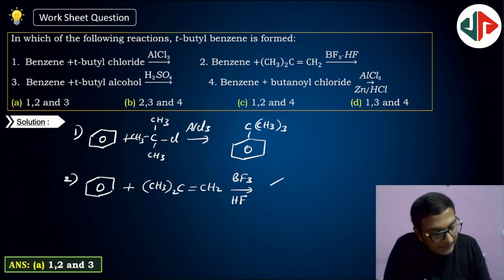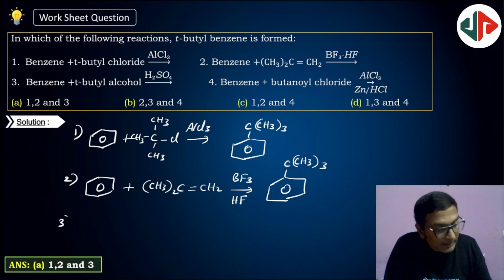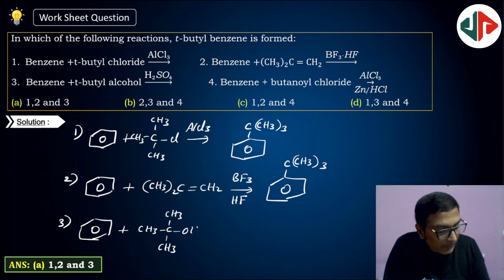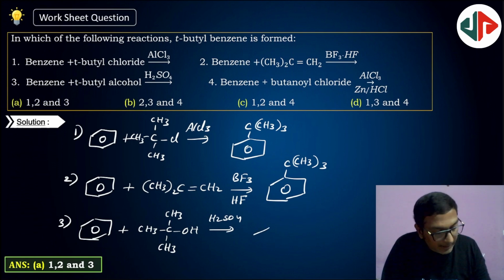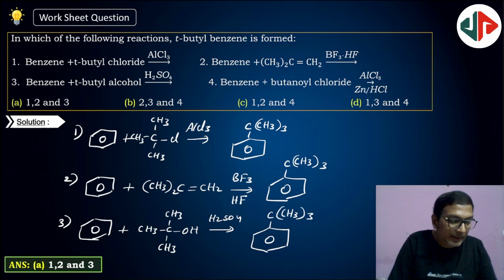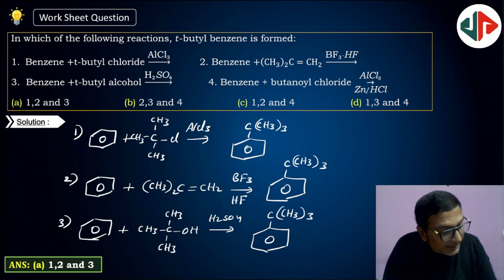It gives the same compound, tertiary butyl benzene. Next, third: benzene plus tertiary butyl alcohol in the presence of H2SO4. First OH will be removed to form a tertiary carbocation. It will also form (CH3)3C-benzene.